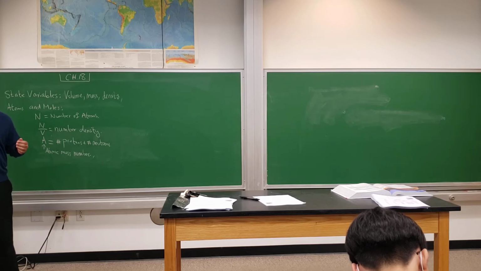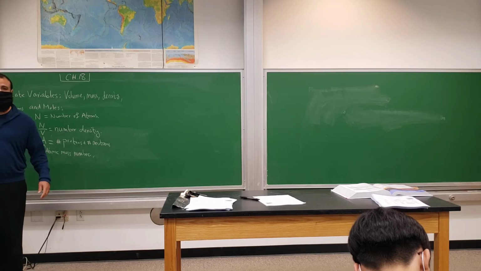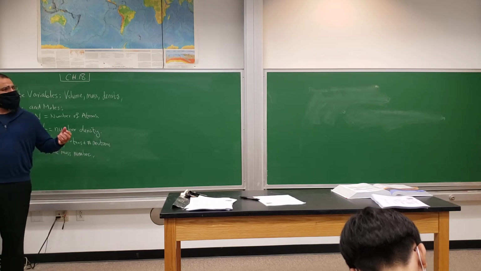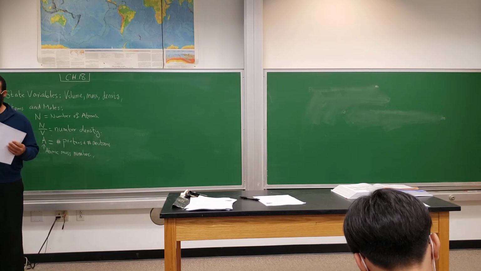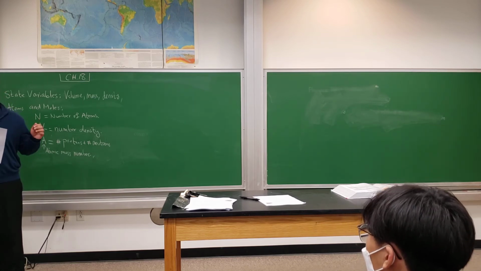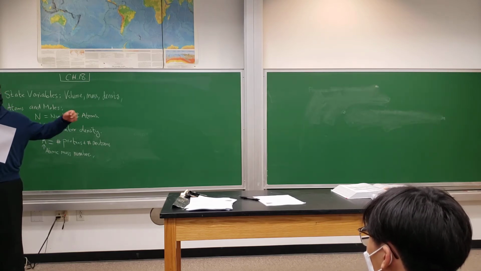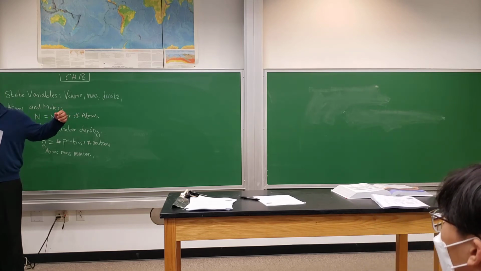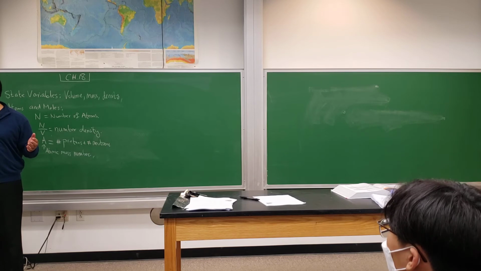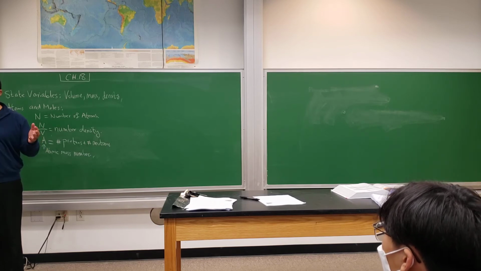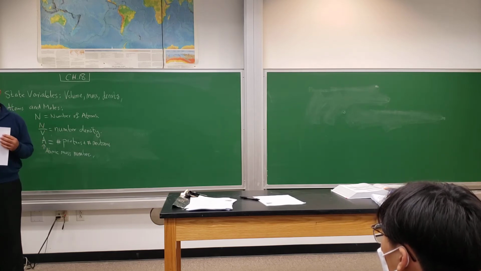And then you have, for example, hydrogen. What does a hydrogen atom consist of? Just one proton, and then an electron going around. The mass of a proton is about 1.66 times 10 to the minus 27 kilograms.